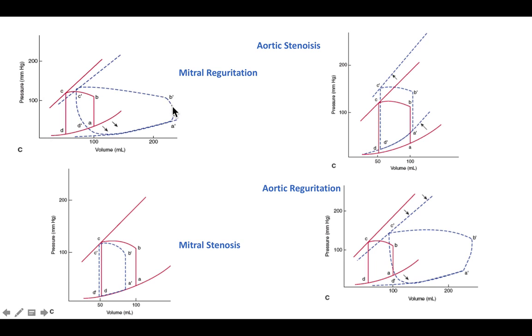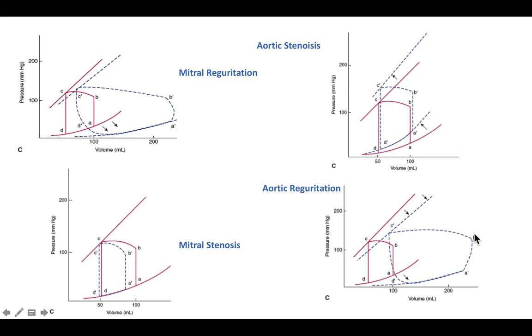And during the ejection phase, instead of being isovolumetric straight up, you've actually lost volume, and B is at a lower volume because you've ejected blood not only into the aorta. Your pressure has risen, and ordinarily where you'd have no volume changes, you're actually losing volume through the mitral valve.